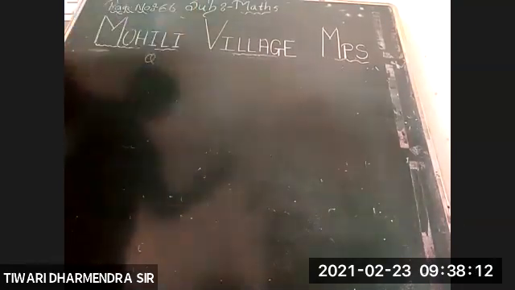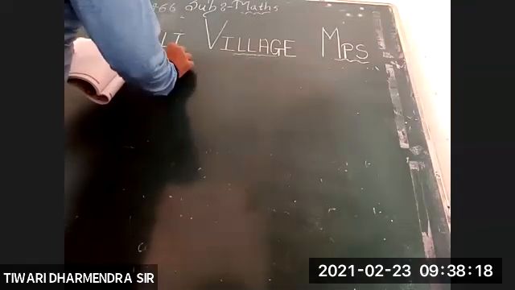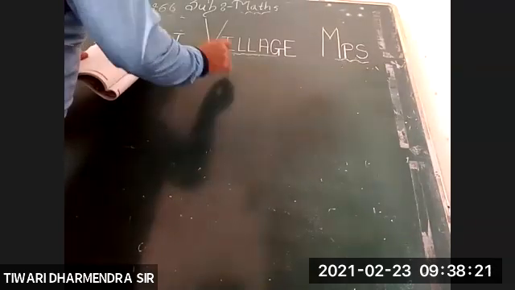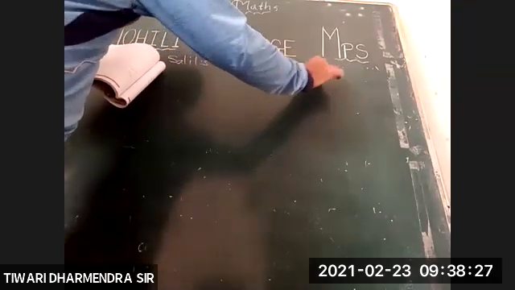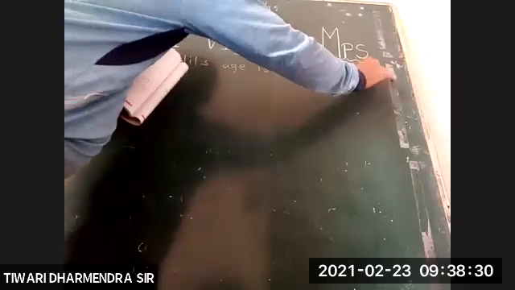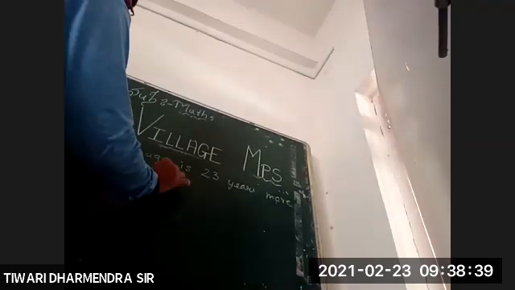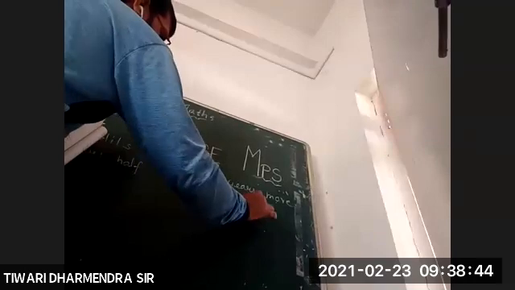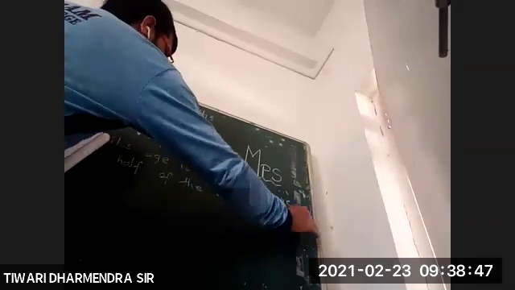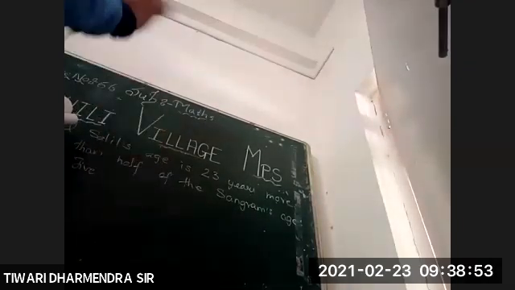Question. Salil's age is 23 years more than half of Sangram's age five years ago. What do you mean by 5 years ago?